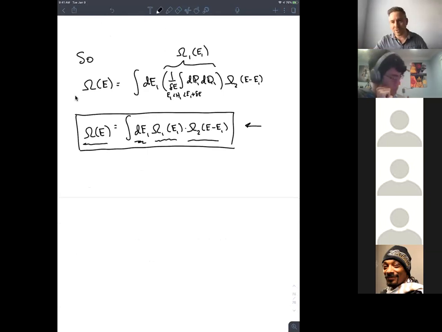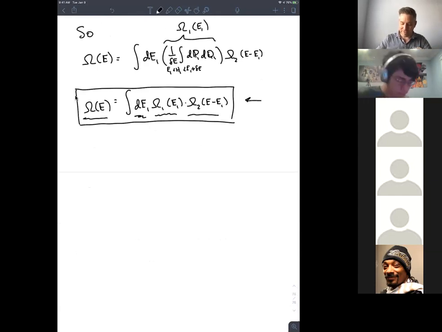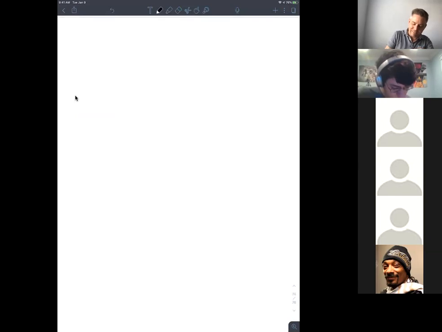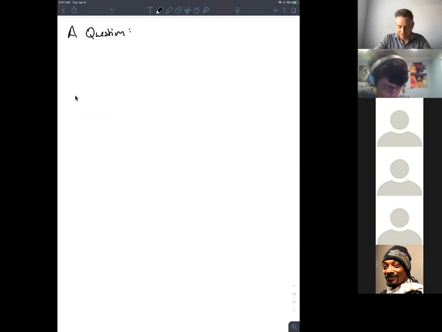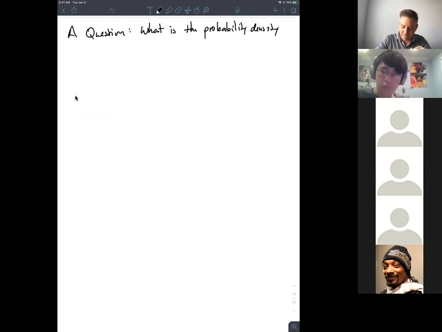So now what we're going to do is try to take this apparatus and, again, solve a problem. All right, so let's ask ourselves a question. What is the probability density for subsystem 1 to have energy E1?